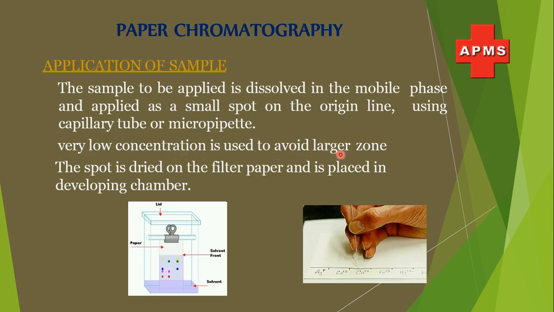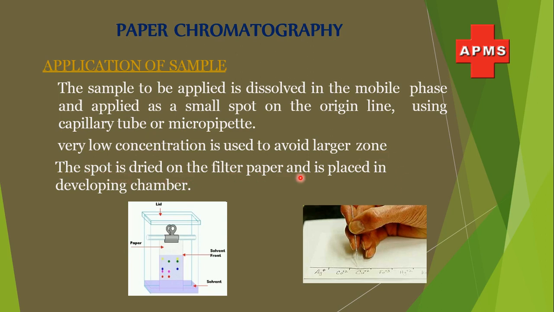Very low concentration is used to avoid larger zones, because if we apply a very large amount of sample on the filter paper, then during the growth of the chromatogram, these spots may merge together due to their higher concentrations.